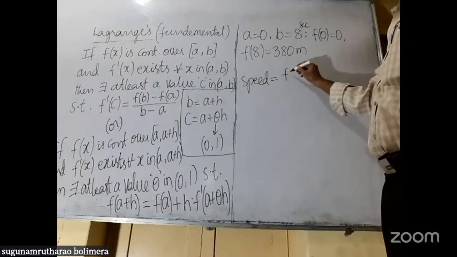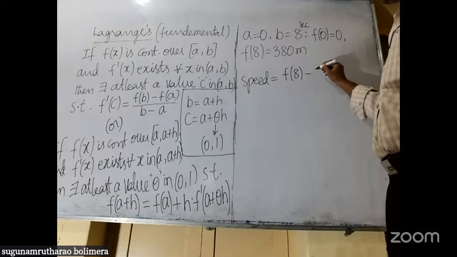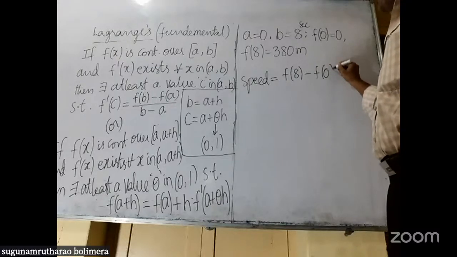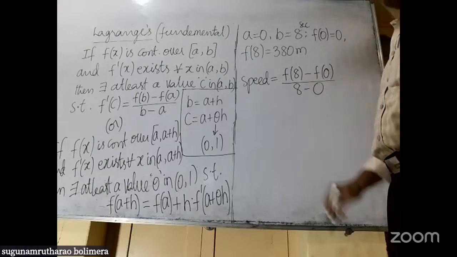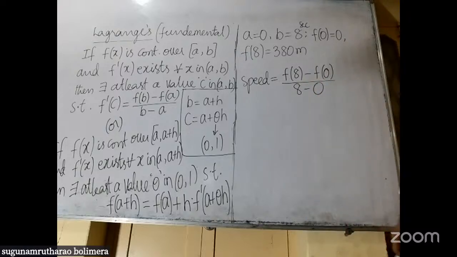That is f of 8 minus f of 0 by 8 minus 0, which is 380 minus 0 by 8.